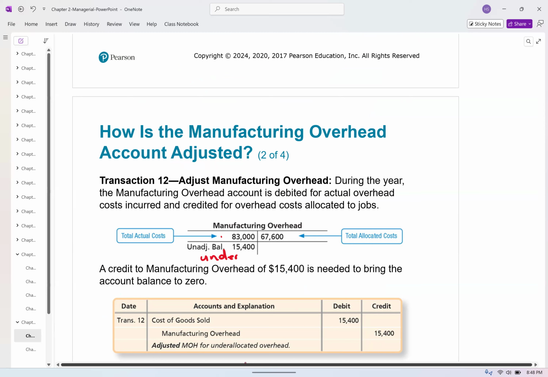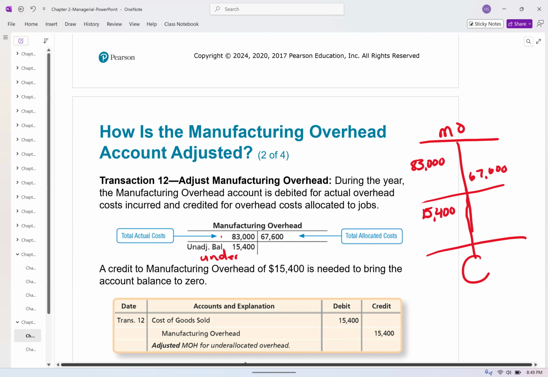It really does help if you will draw the T account when it comes down to this because I told you it's got to be zero, right? So I know it's right there, but I like to draw it out for y'all. And we end up with a balance of 15,400. So if you have this T account, you know that needs to be zero, then you know you need to credit manufacturing overhead, which is what they did right there.